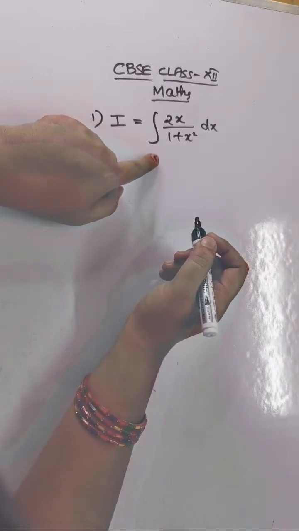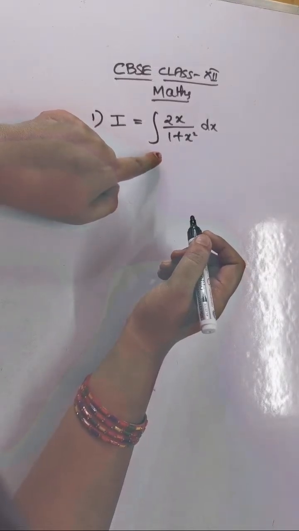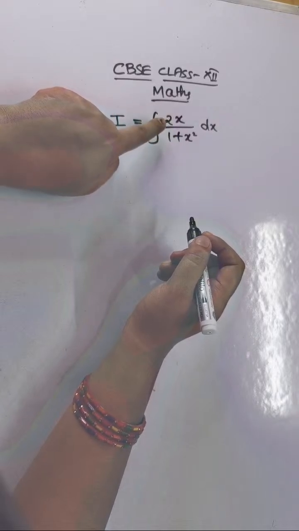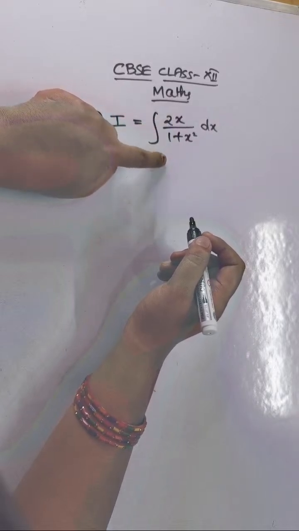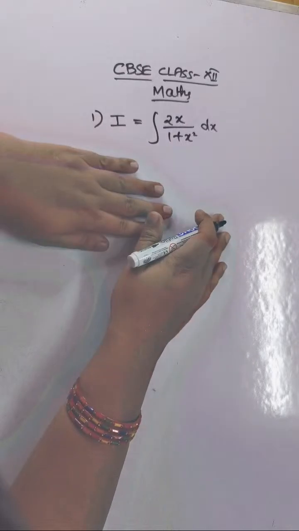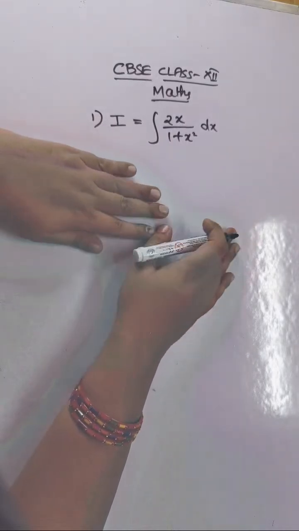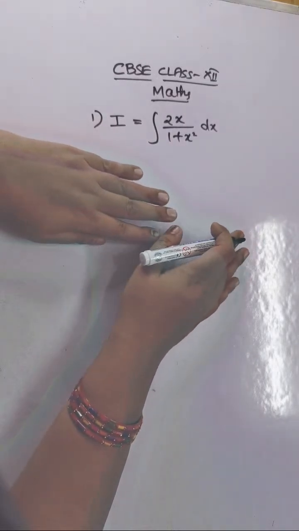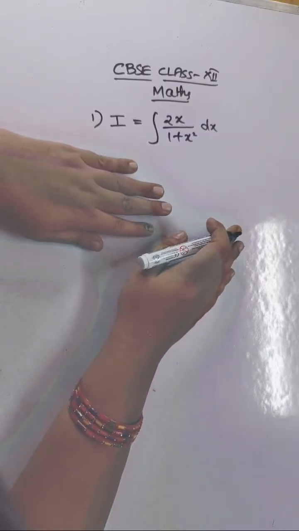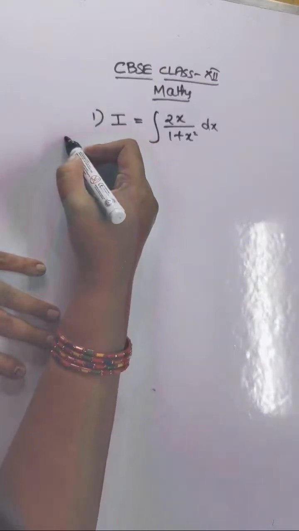But here, whatever way you try, you can't simplify either the numerator or denominator. You cannot directly use those algebraic identities, and in this type of question the simplification process will be very difficult. So to overcome those things, we are using the substitution method.